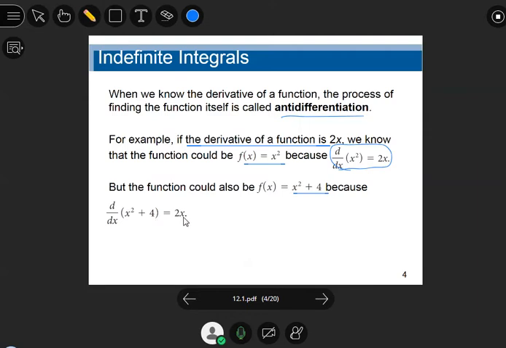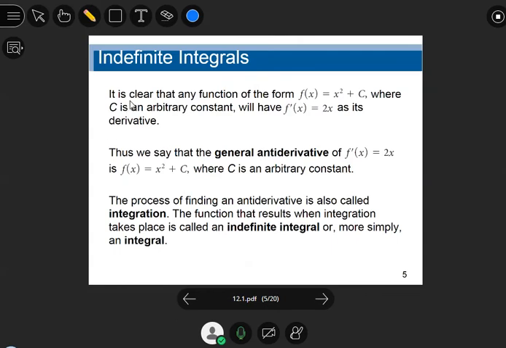So generally x squared plus 4 is an antiderivative of 2x, but x squared plus 5, x squared plus 7, any value we can use for this one. So we use this as a constant. It is clear that any function of the form f(x) equals x squared plus c, where c is an arbitrary constant, typically we call this a constant.